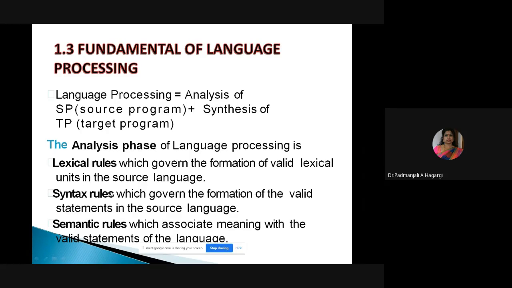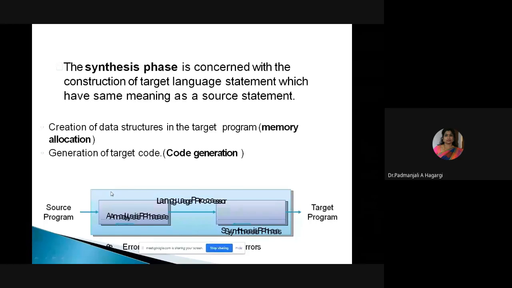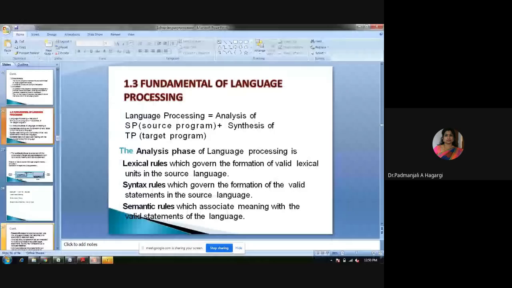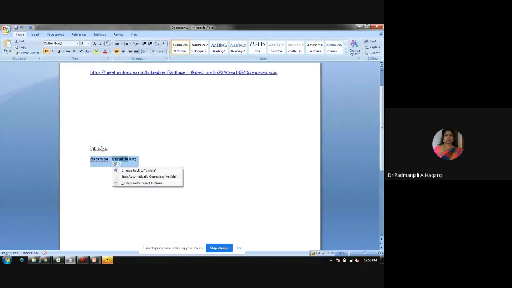Okay. Next is the syntax rule. Syntax rules govern whether the statement is valid or not, and semantic rules generate the meaning with the valid statement. So for this example, int a comma b comma c, these are the three variables, a list of three variables.